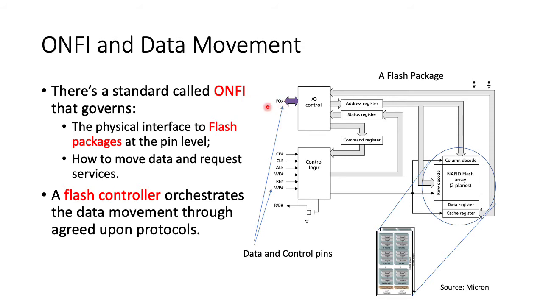We call this entity the flash controller. We were talking in the previous slide about transferring data in and out of the page register. Well, that's one ONFI command. We're also talking about transferring data from the register into the flash page. That is another command. So the flash controller orchestrates the movement through agreed upon protocols.